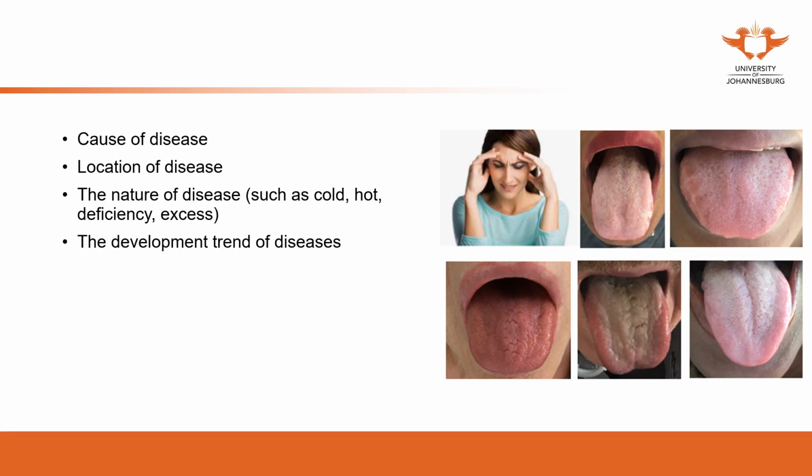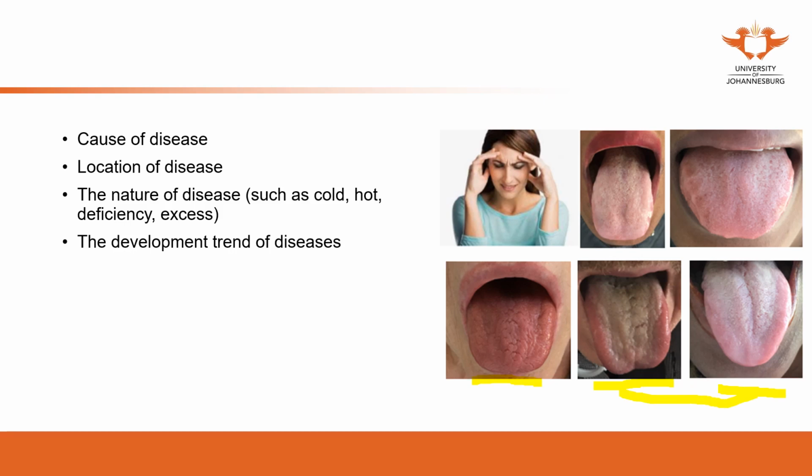When we discuss the differentiation, we're going to discuss more in detail. We just have a general idea here. As you can see, the different colors of the tongues on the right side indicate different body conditions, or different coating of the tongue also indicates different body conditions. Why was this tongue red, with thick coating, and this one white coating?